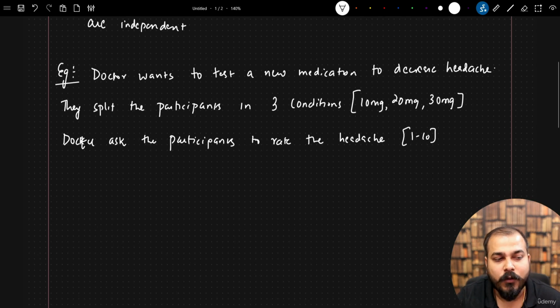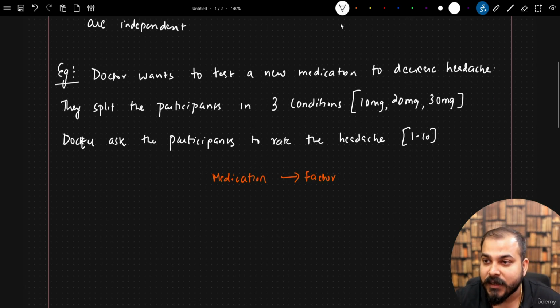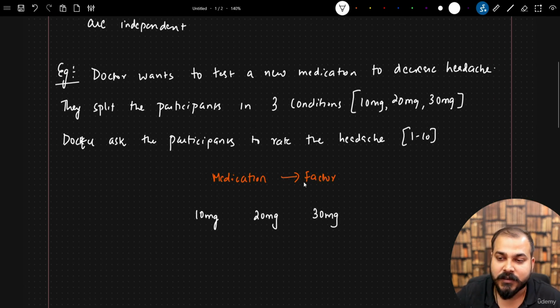Now in this scenario, obviously with respect to the factor, medication will be your factor. And with respect to the medication, the dosage that you are seeing will be my levels. So these are my levels, and medication is the factor.